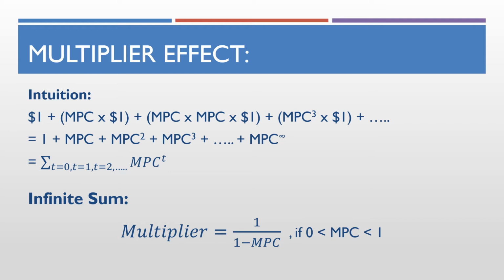So it cannot go below 0. And MPC cannot go over 1, because if it goes over 1, it means that if you earn $1 of income, you actually spend $2. So generally speaking, this restriction on the solution is valid. That's why the multiplier effect in our model is always going to be 1 over 1 minus MPC.